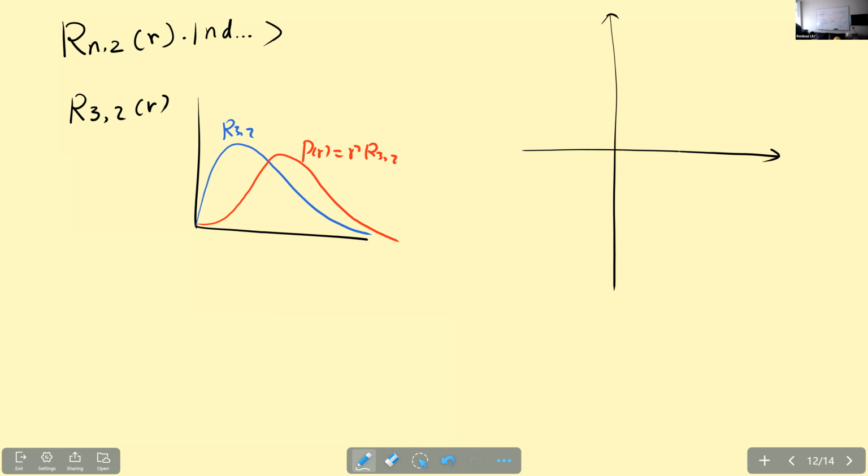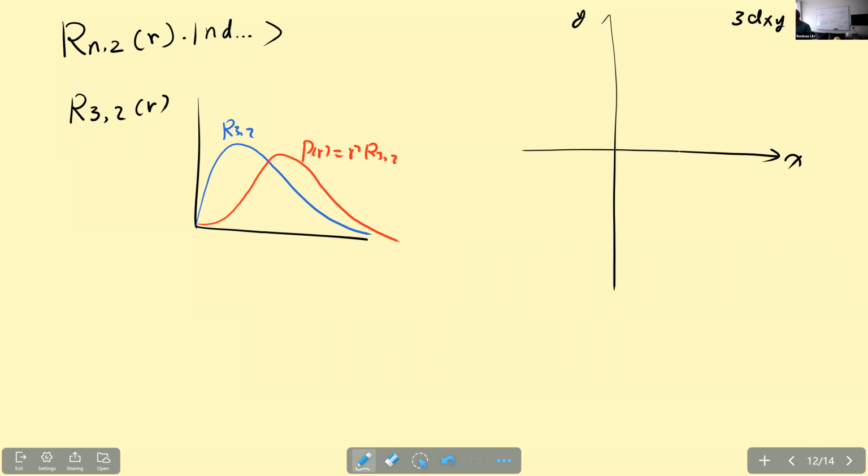Okay, so let's look at the states, say 3D. Sorry, this is X, this is Y. Let's look at the state 3D XY.